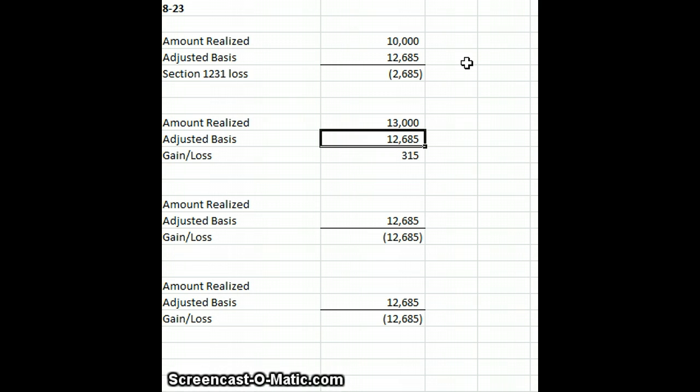So how is this going to get classified? Is this going to be a Section 1231 gain, or is it going to be a recapture of ordinary income? Well, under our rules, we know that under Section 1231, we deducted our depreciation as an ordinary income deduction.